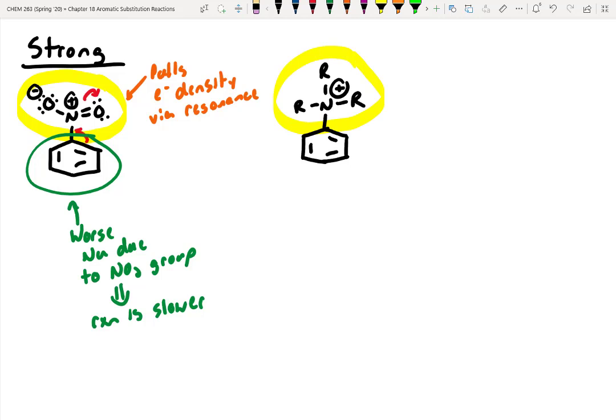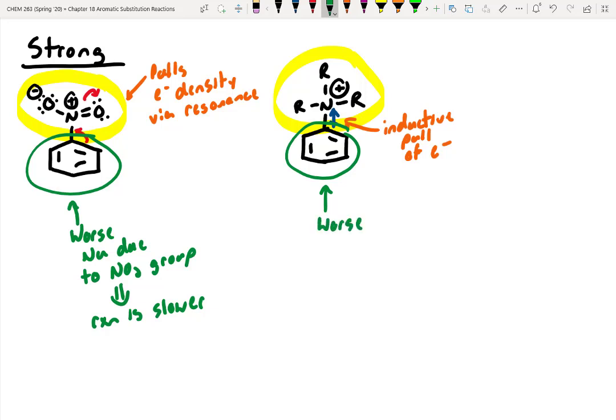Well, if we ask ourselves, is resonance possible? Can I pull this pi bond up like I did before? Not exactly. Instead, what's happening is this nitrogen with the positive charge isn't very happy, so it's just going to pull electron density via induction. So I'll just write inductive pull of electrons. All right, again, that means that this is going to be a worse nucleophile.